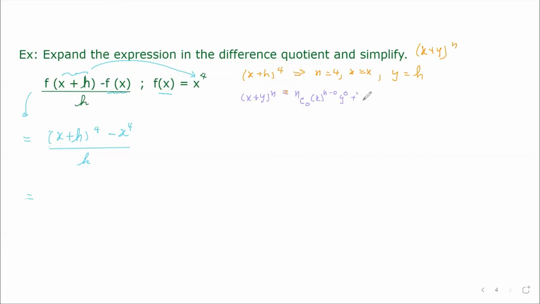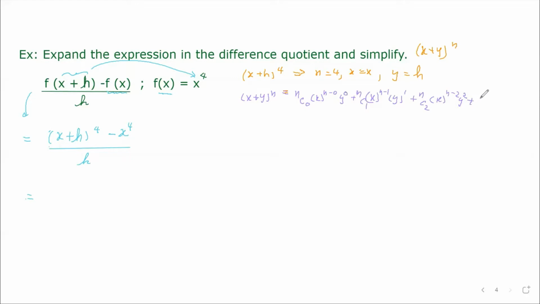But this one, power 4, should have 5 terms. So it's going to be nC1 x power n minus 1 and then y power 1, plus nC2 x power n minus 2 and then y power 2 here.